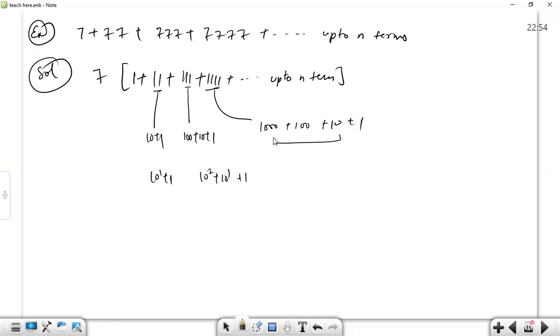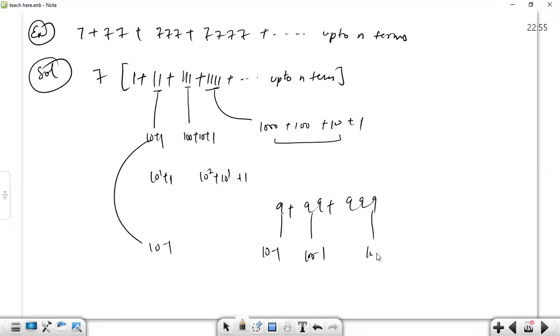So instead of that, if we write 10 minus 1, 100 minus 1, 1000 minus 1, we can now give only two terms. Yes, this will be more convenient.